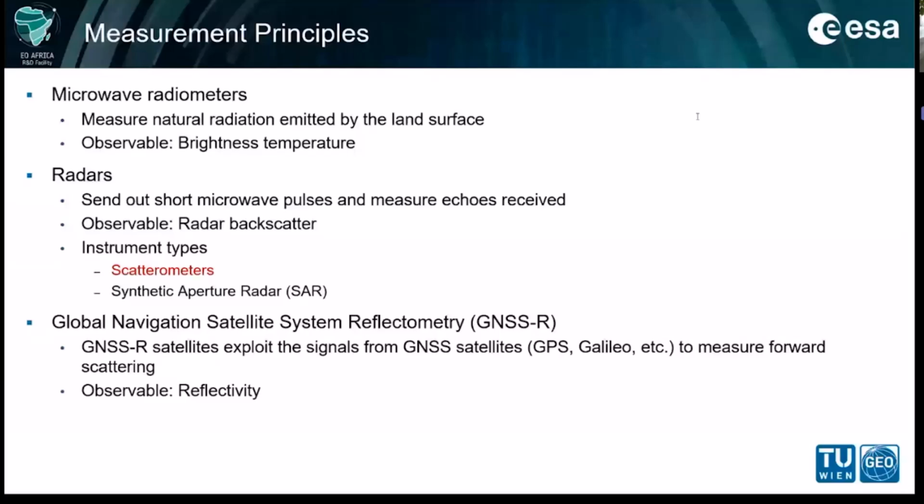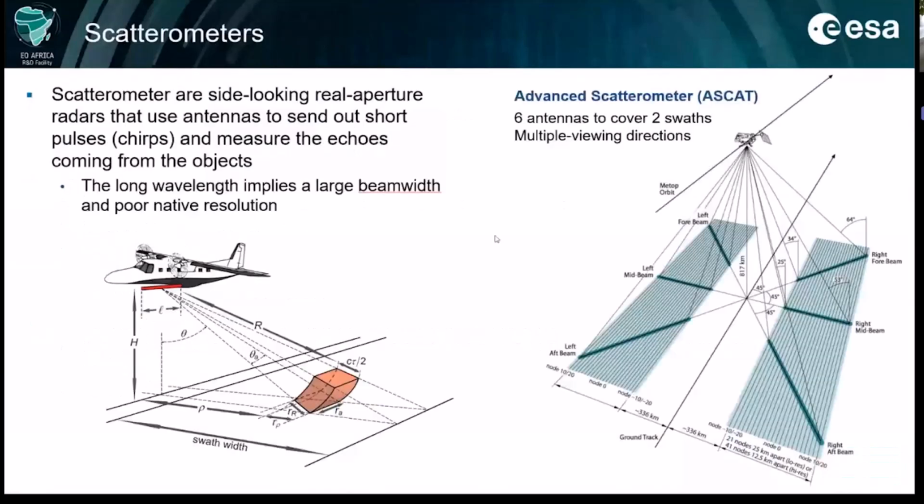We then have passive satellites that receive the forward-scattered signals from the GNSS satellites. There the observable is reflectivity. This technique has come up in the last few years and has become very popular. So from now on, it's basically these three groups of sensors that will give us soil moisture retrievals at a global scale. But for this presentation, I would like to focus solely on scatterometers.